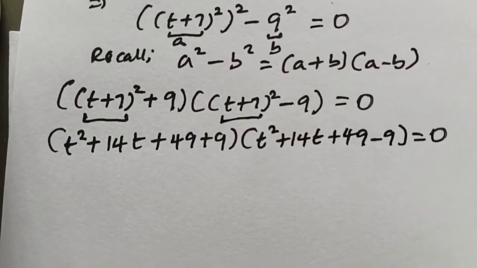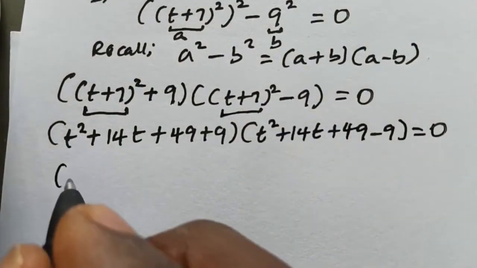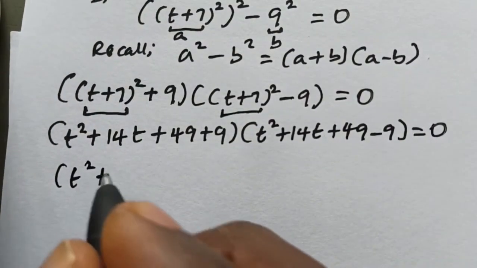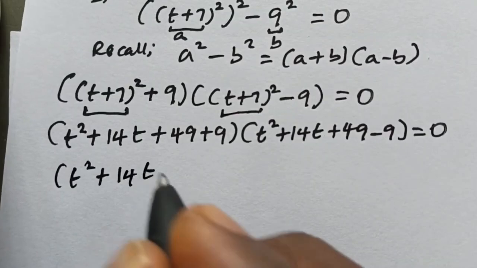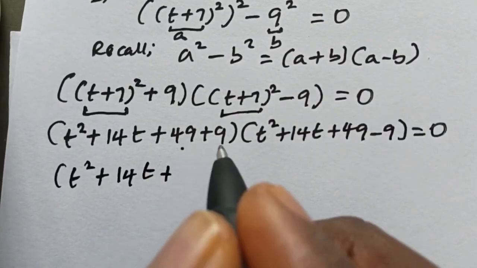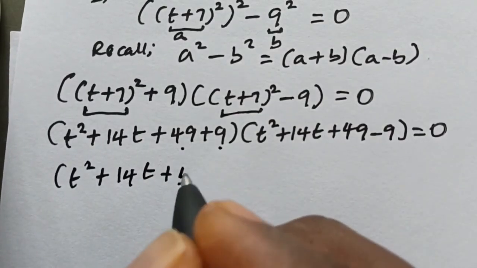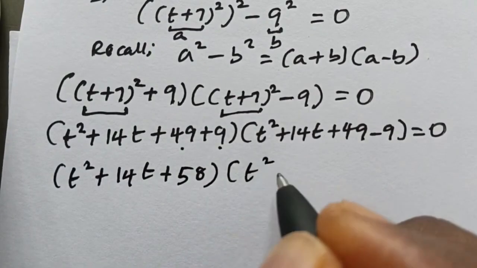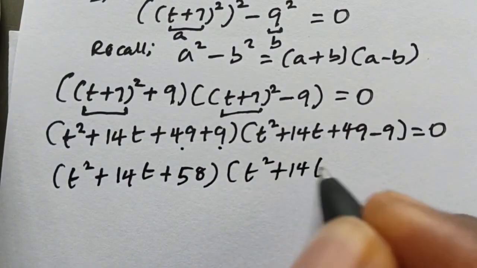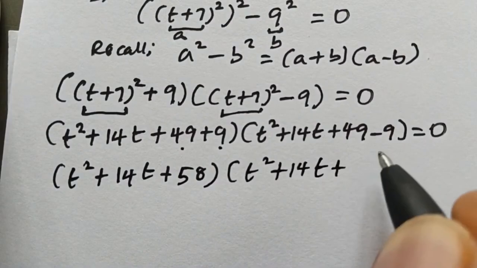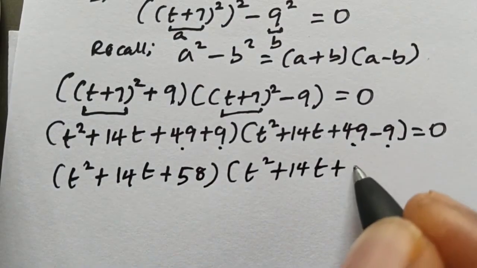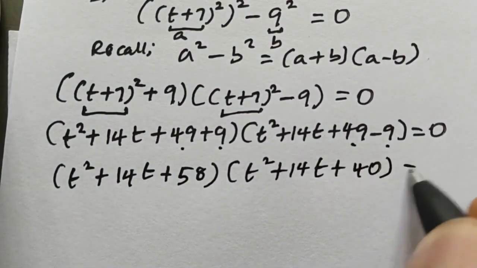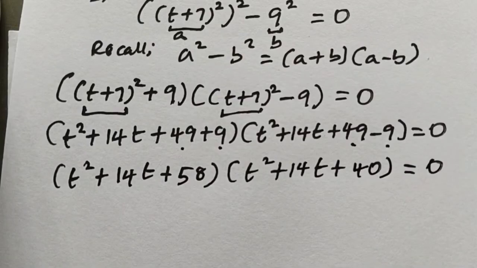So t^2 + 14t + 49 + 9, that is 58, times t^2 + 14t + 49 - 9, that is 40, equal to 0.